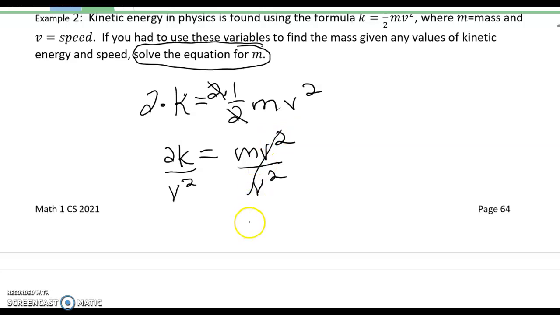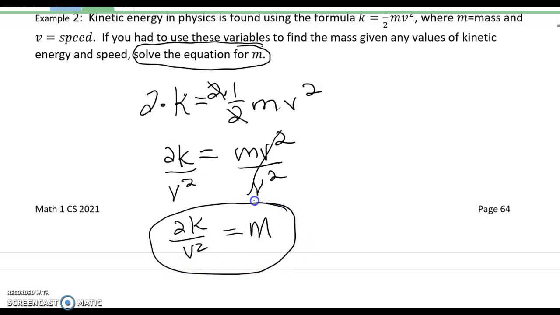The v squareds cancel here. So I'm now left with m equals, and on this side, a bunch of other variables and numbers and math operations as an answer. So m equals 2 times k divided by v squared.